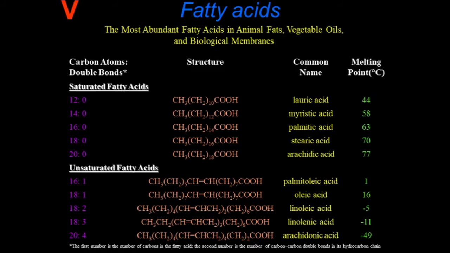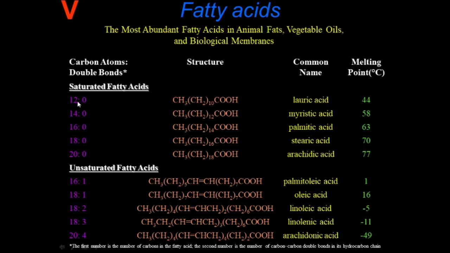More than 500 different fatty acids have been isolated from various cells and tissues. Given in this table are common names and structural formula for the most abundant fatty acids. The number of carbons in fatty acids and the number of carbon-carbon double bonds in its hydrocarbon chain are shown by two numbers separated by a colon.